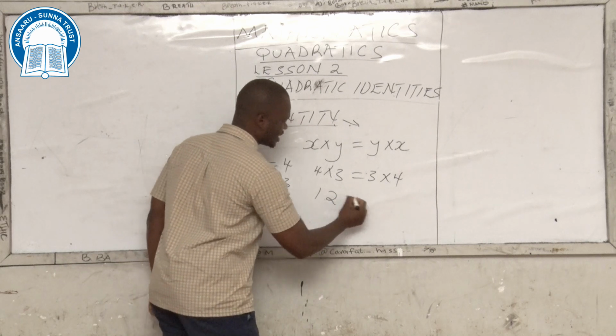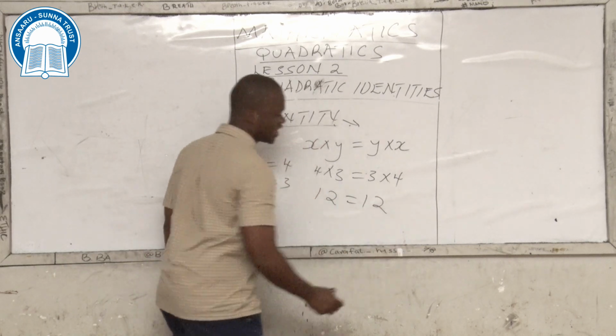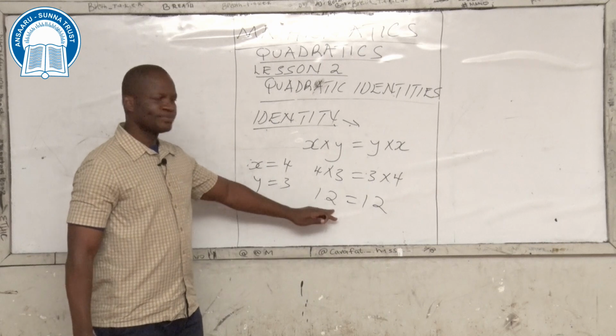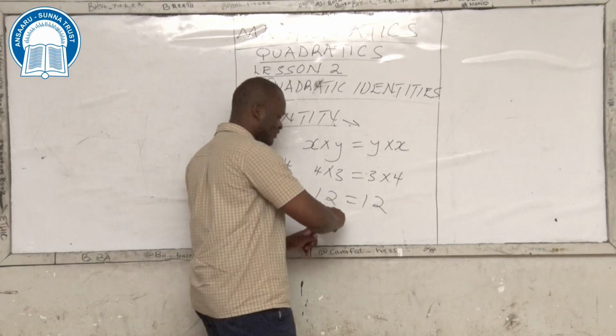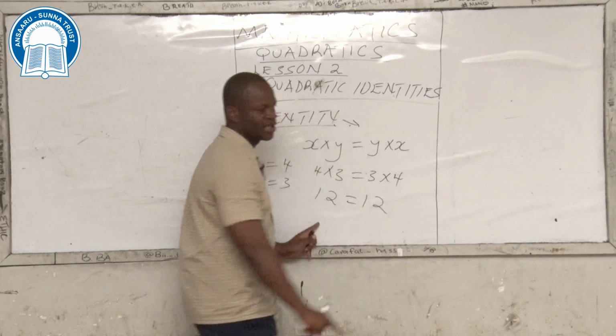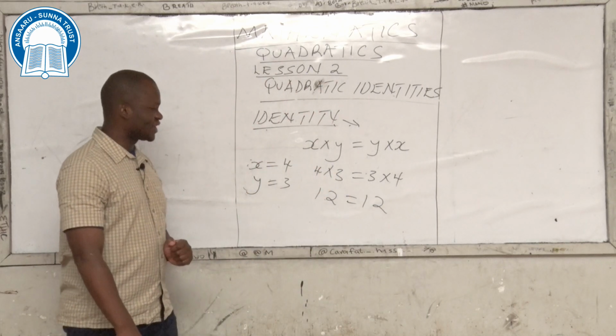Here we end up with an equation that holds, meaning a true equation. Why? Whatever we have on the left hand side equals whatever we have on the right hand side.